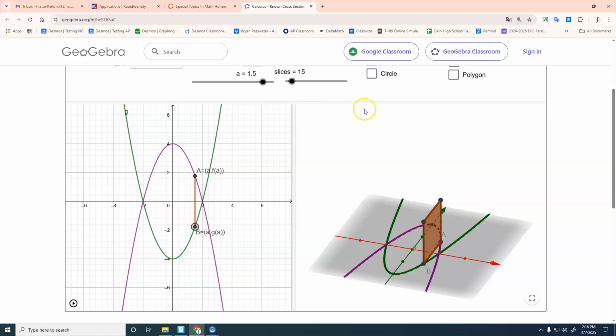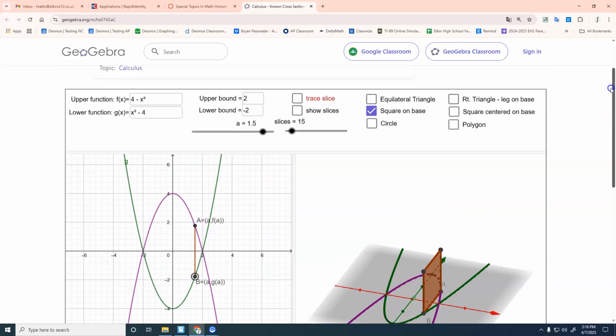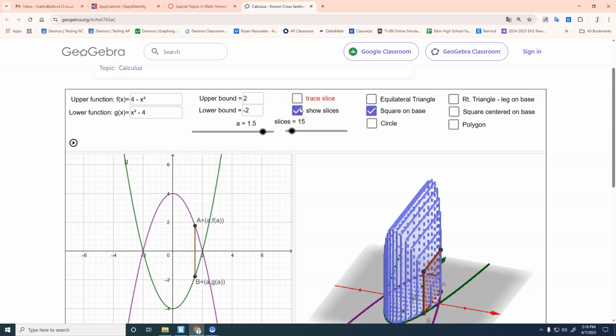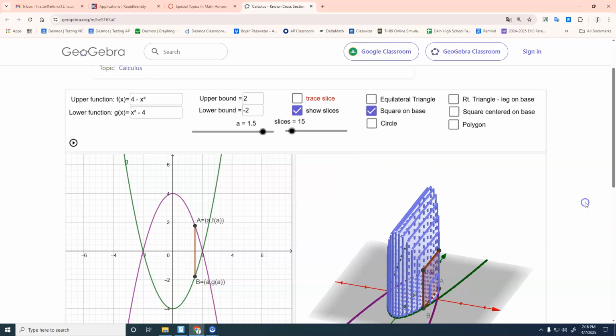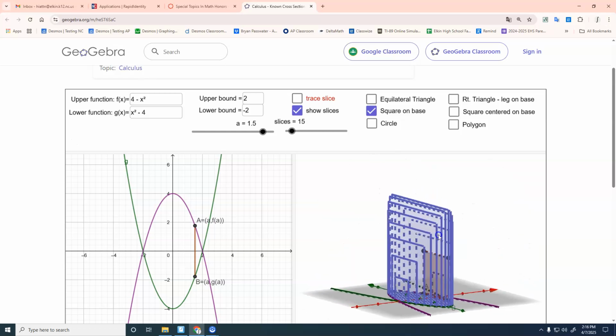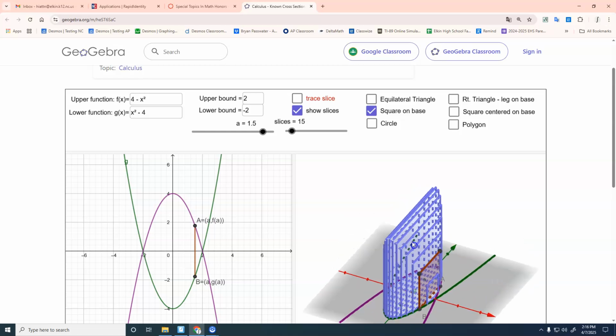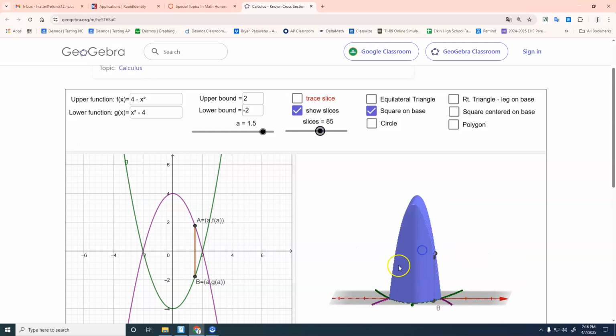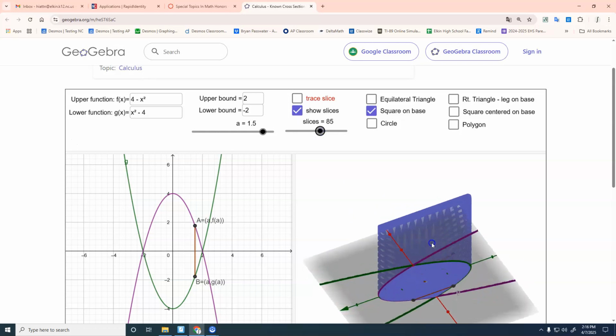If I click show slices, it is going to make this 3D figure. Currently, I'm just using 15 slices, but it would have this shape here. As I use more slices, it becomes more of a solid figure.